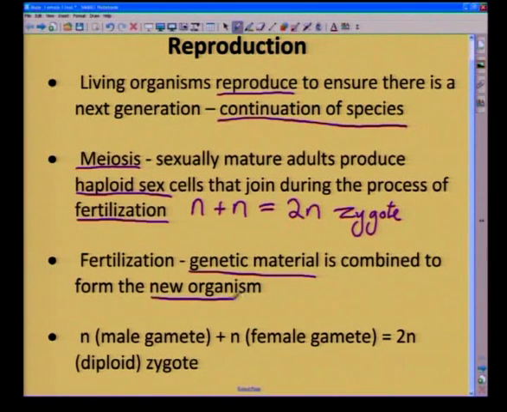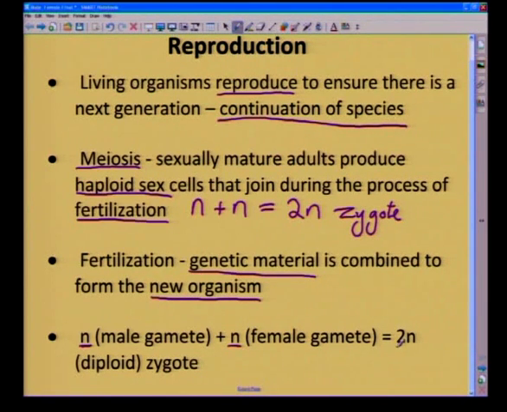All right, so we are combinations, and that ensures genetic variation. Very important, you must know that. So the genetic material is combined to form a new organism. Now, the male gamete is haploid, and the female gamete is haploid, and it forms a diploid zygote.